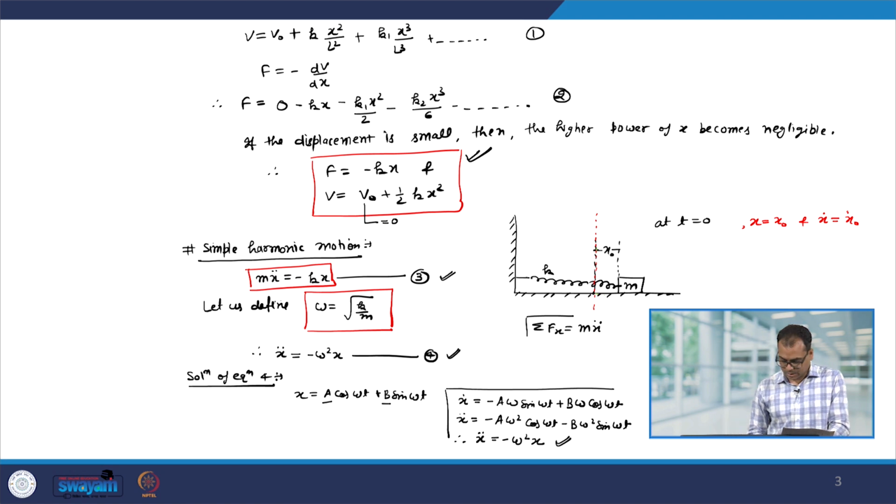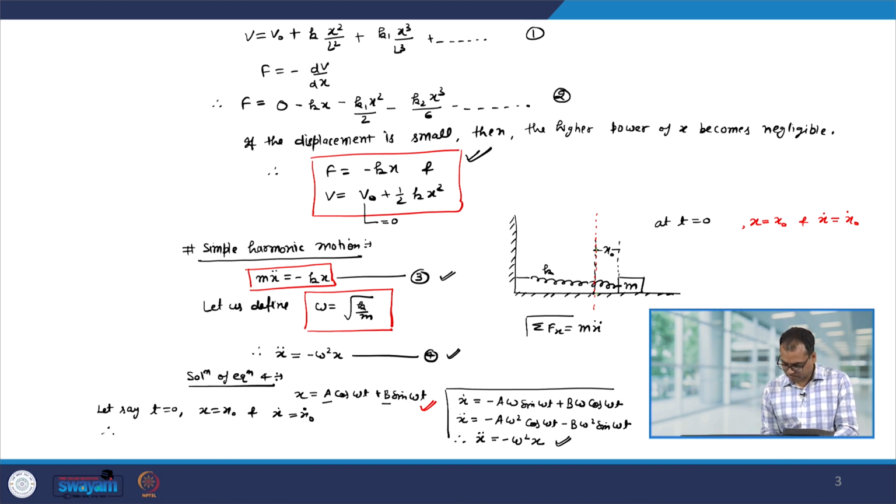Okay. So, this is the initial condition. Let us put it in the solution. So, at t equal to 0, we have x equal to x naught and x dot equal to x naught dot.